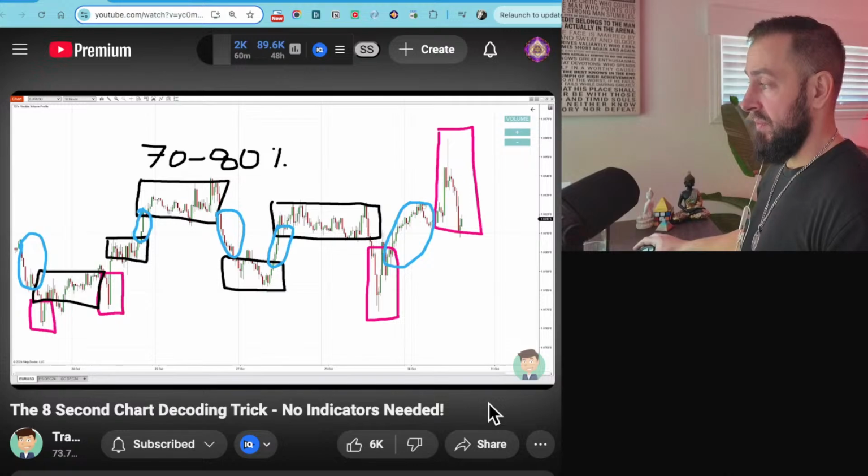The rest is the trend, which is like 20 to 30% of the time. And the most rare of them all are the rejections, which happen just now and then, and they don't really take up that much time.